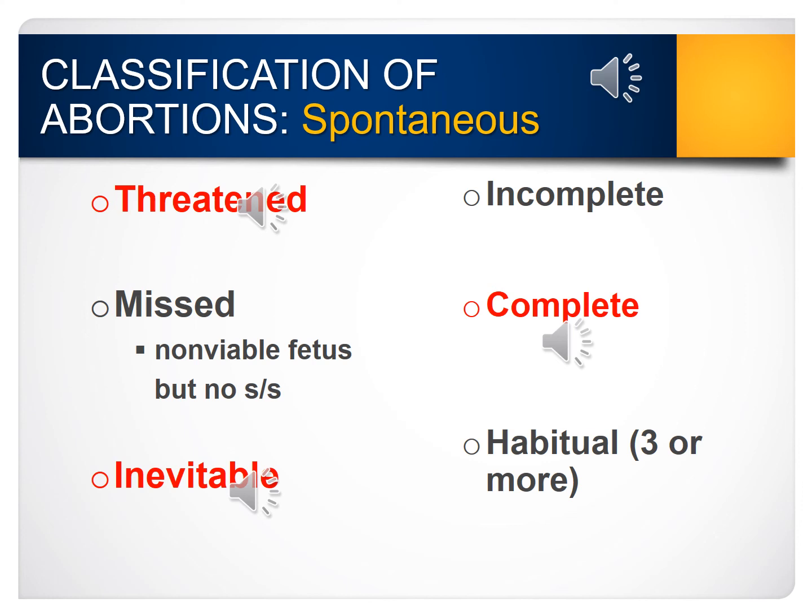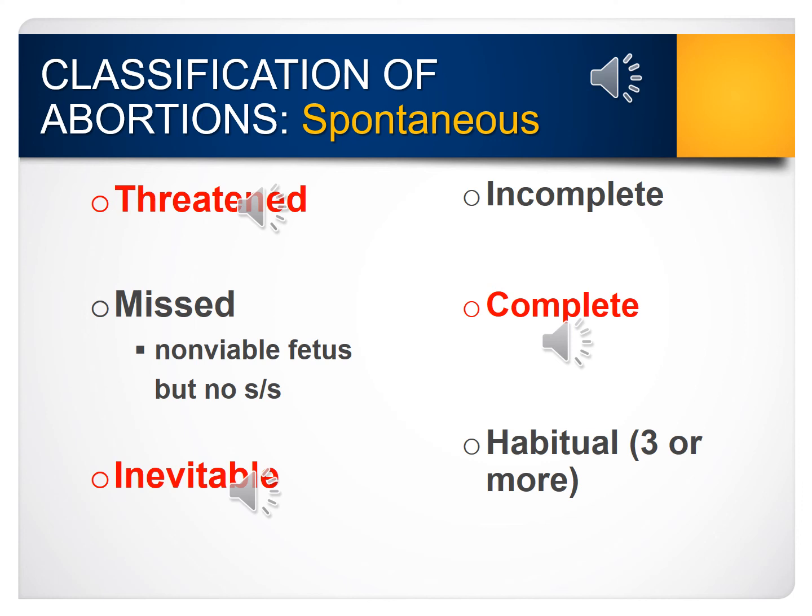Because if you recall early when we were talking about the presumptive, positive, and probable signs of pregnancy, we talked about HCG, which is a hormone that increases and doubles early in the pregnancy, and then it peaks and plateaus.